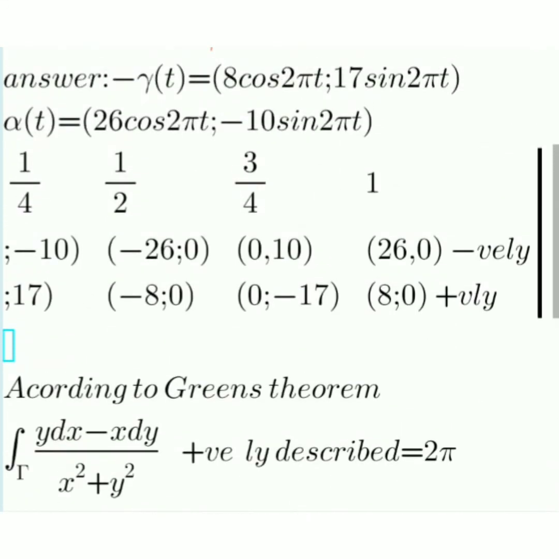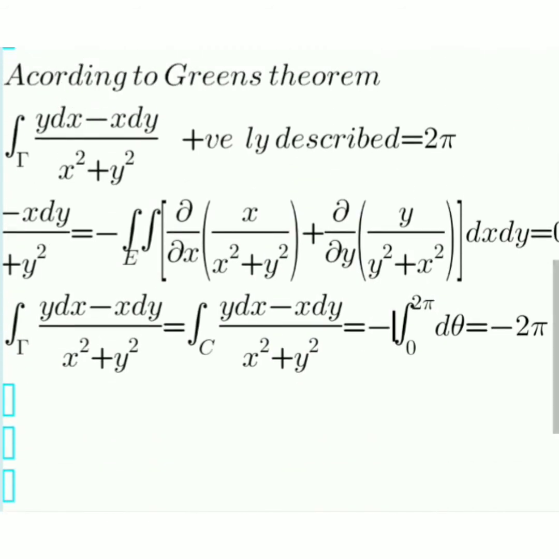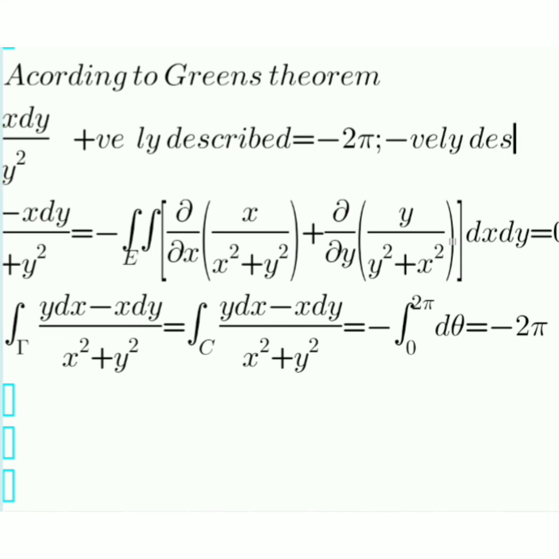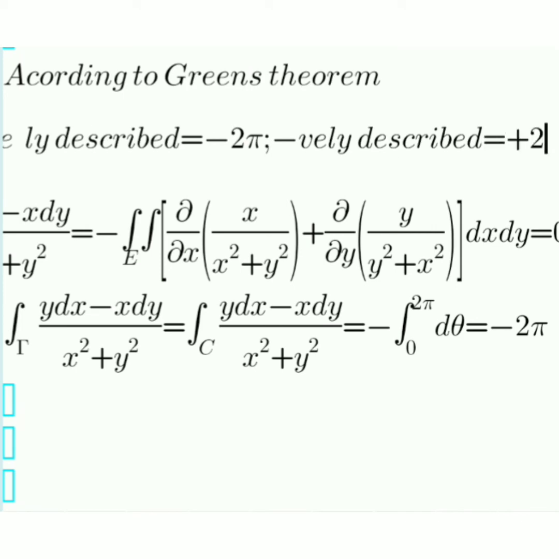So friends, according to the question, if it is positively described, it is minus, and when it is negatively described, then it is plus 2 pi.